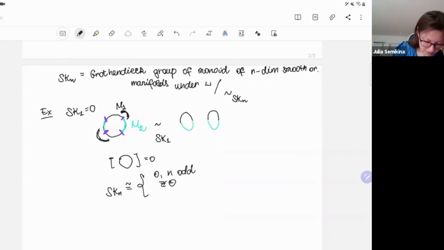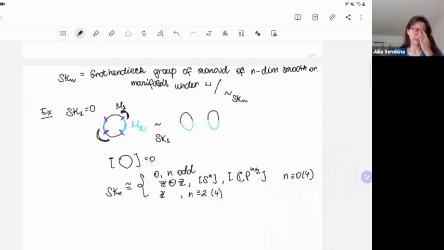It is Z plus Z if n is 0 mod 4, and a basis is given by the sphere S^n and projective space. So n is divisible by 4. And it is just Z for n equal to 2 mod 4.